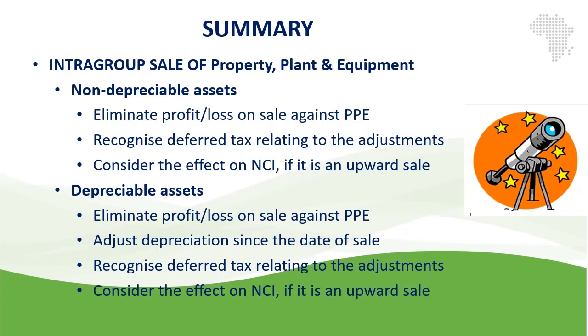And when you've got a depreciable asset being sold between two companies of the same group, you do the same thing. You eliminate the profit against the PPE. You then adjust the depreciation since the date of sale to what it should be from a group perspective. And then you recognize the deferred tax on those adjustments. And you consider the effect on NCIs if it's an upward sale. If it's a downward sale, the NCIs won't be affected.